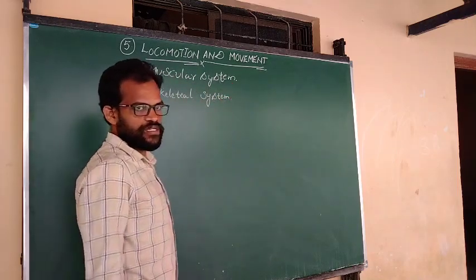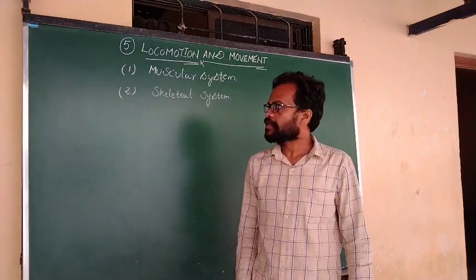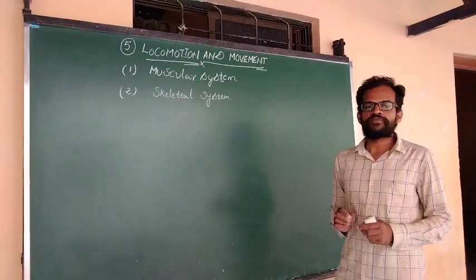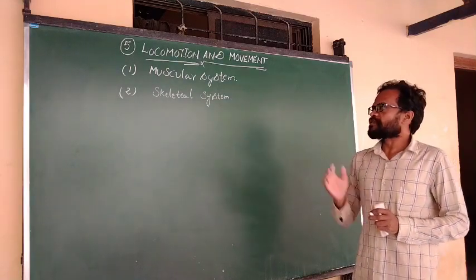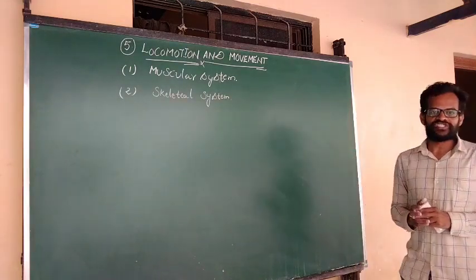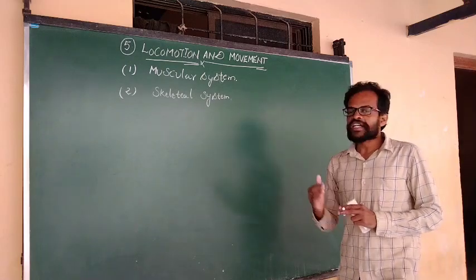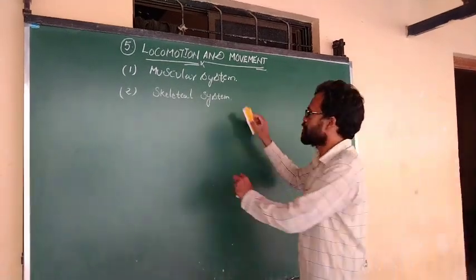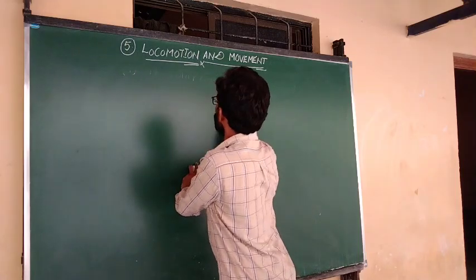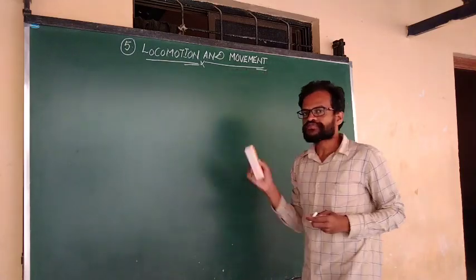In this chapter, we will mainly focus on the muscular system and skeletal system of human beings. But first, before going to the muscular system and skeletal system, an introduction to locomotion and movement.